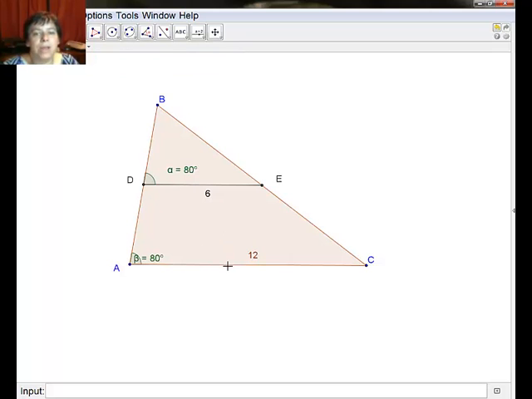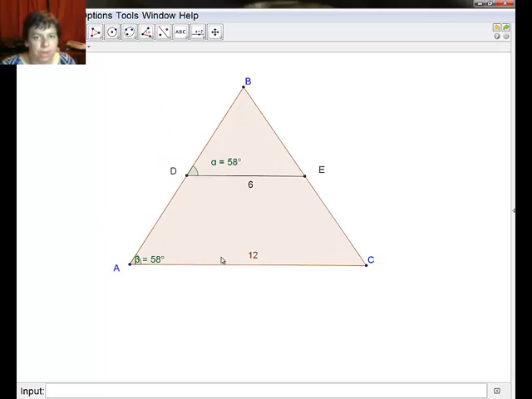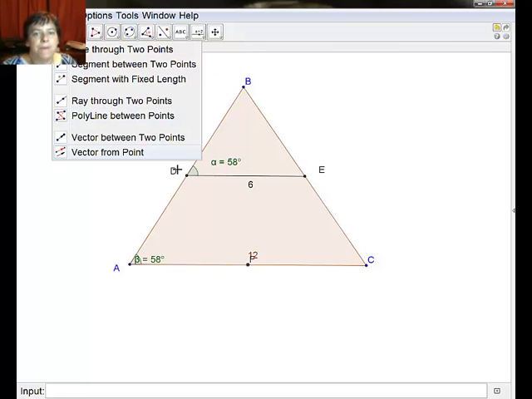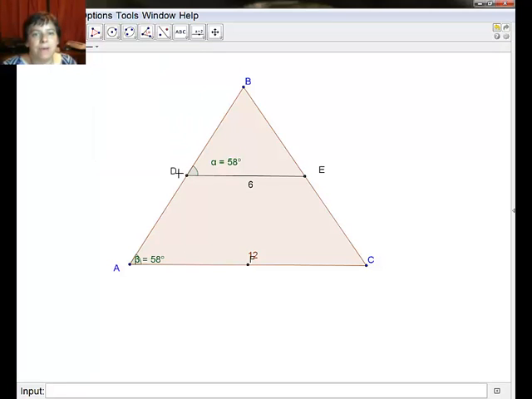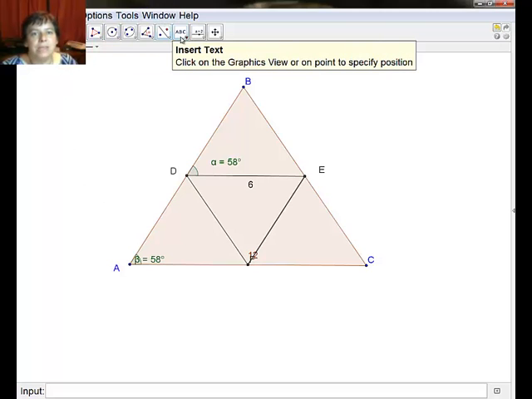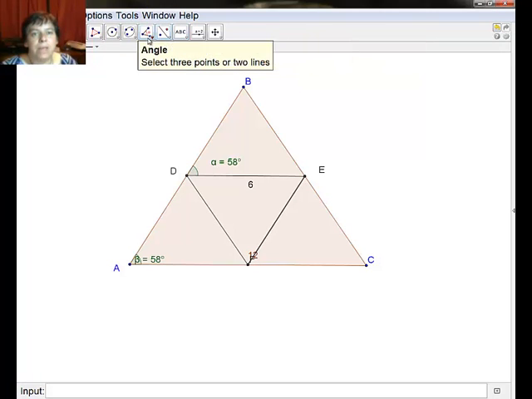If I wanted to, I could actually add another midpoint here. Let's see if I did that properly. Let me add a midpoint. And there it is. And if I connect it, so I'll have a segment, connect that point, and then connect this point. The cool thing you'll see is that it will also have the same characteristics.